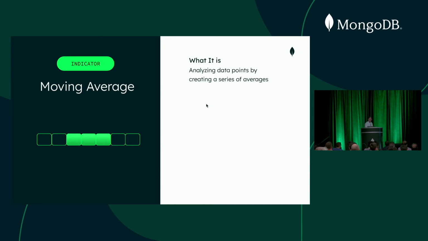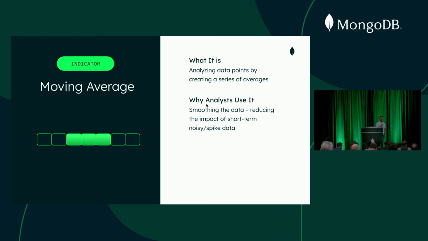For those who don't know, basically you analyze the data and you create multiple averages on the data, okay? Why is it used? Basically, to reduce the impact of spikes in the price information. So rather than focusing on one or a few events, you can focus on the trend, okay?